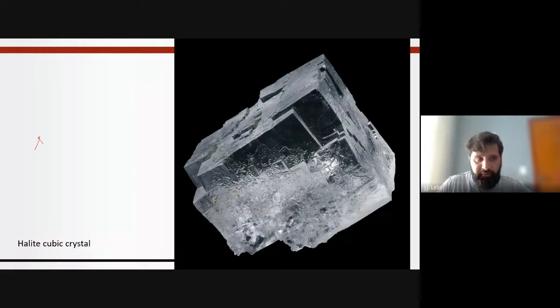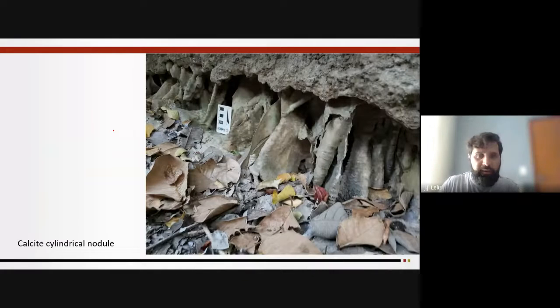So I can see this and put this crystal here, and they have the same dimensions here and here, okay? We can identify some cylindrical materials like this, like tubes of calcium carbonate, calcite, here and here.